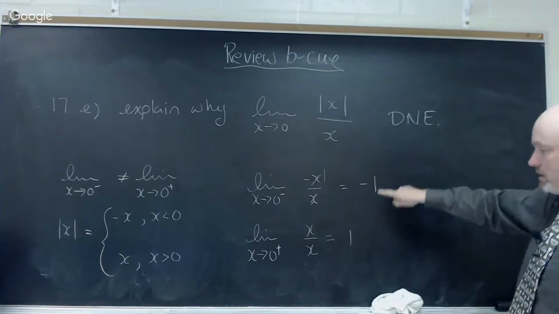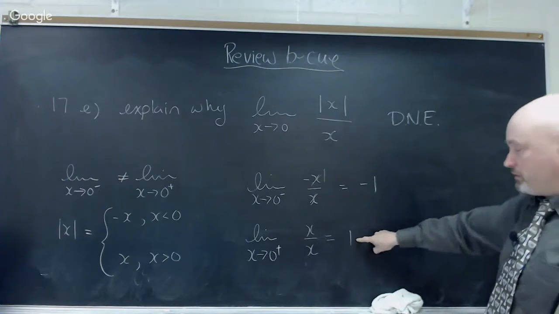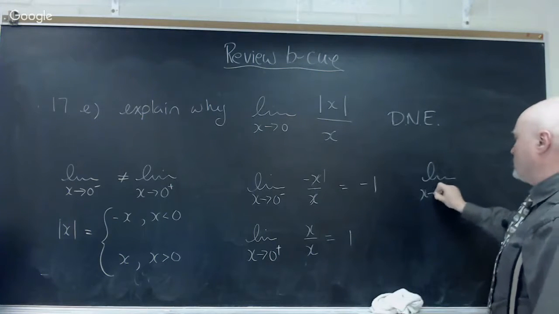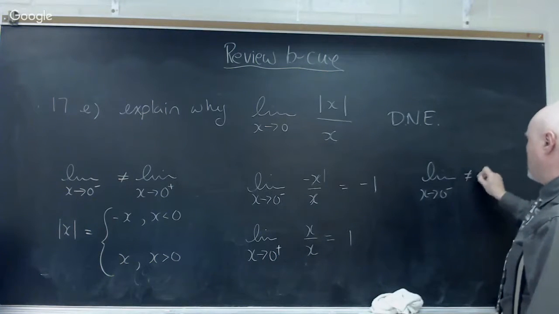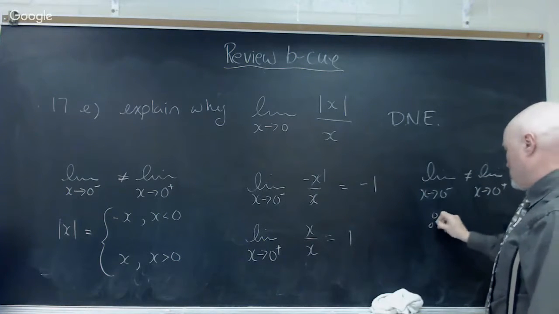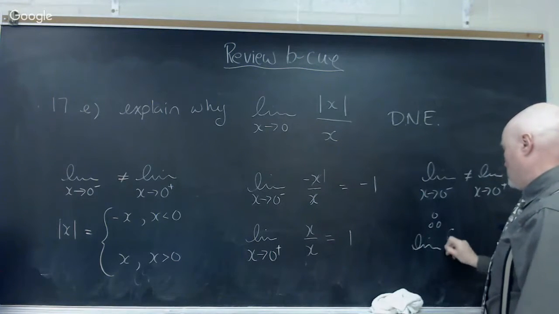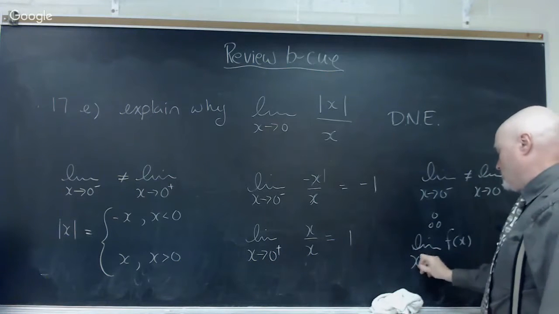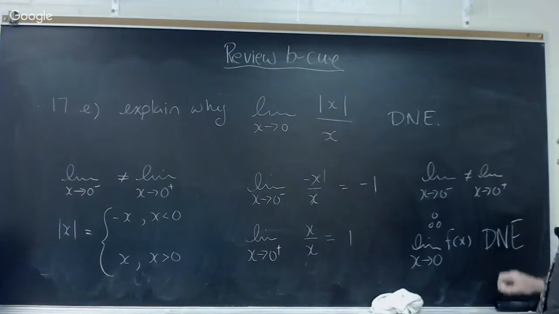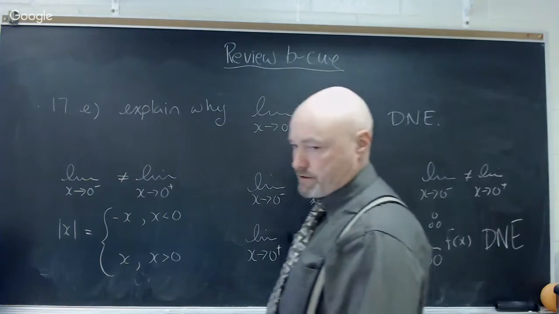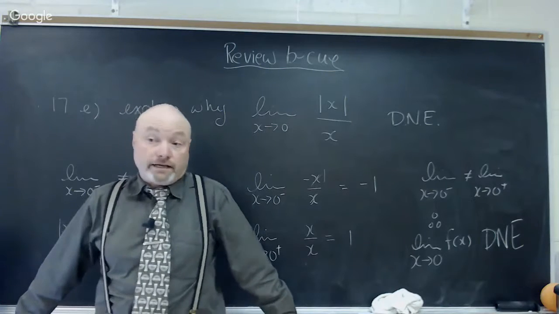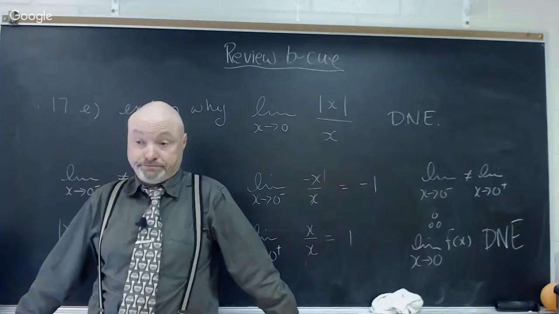So the limit from below is not equal to the limit from above. Therefore, that limit does not exist. And so that's the game you're playing, basically, if you're finding out that a limit doesn't exist.